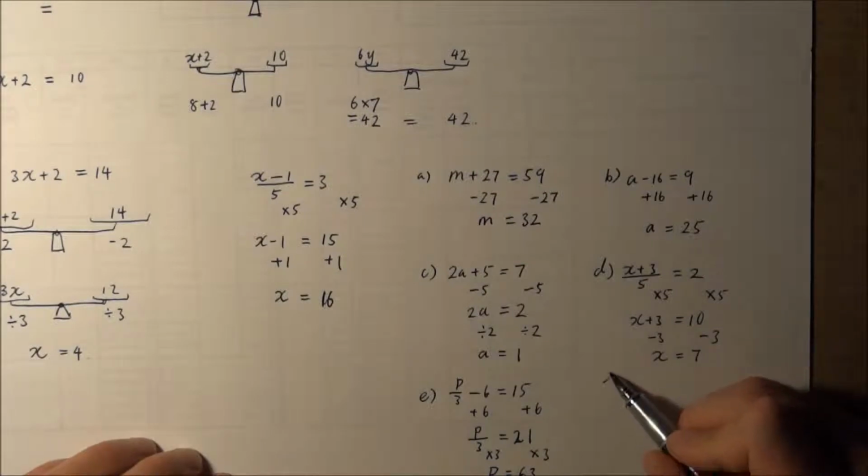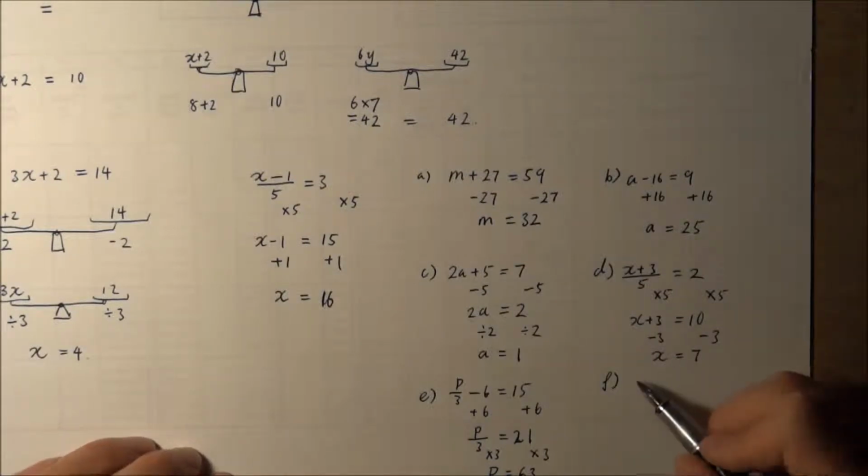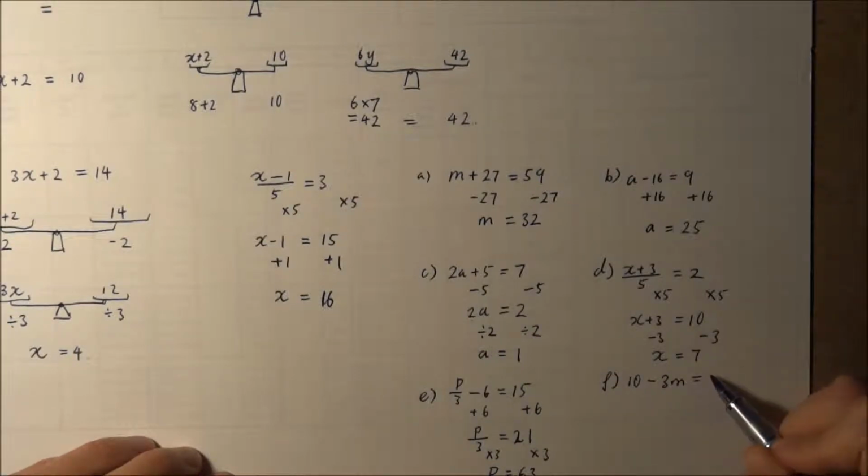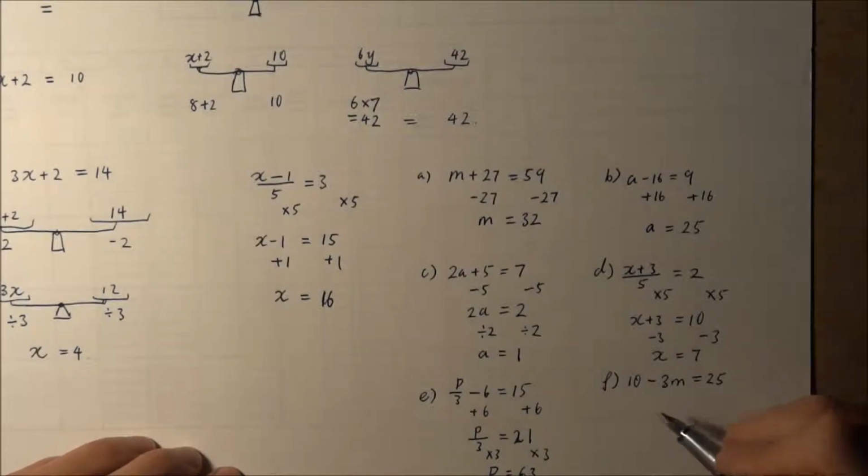Now for the last one, we have 10 minus 3m equals 25. For this step, what we can do is subtract 10 from both sides to cancel out this 10 here.